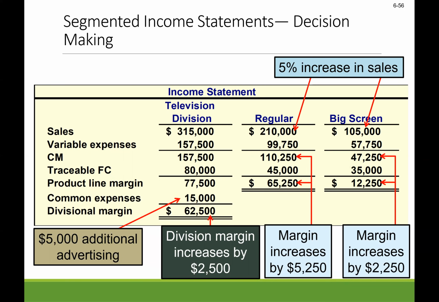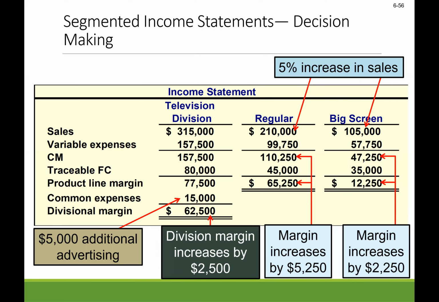Well, you see here, as a result of an increase in sales, we see our contribution margin increases, $52.50 in the regular screens, $22.50 in the big screens.